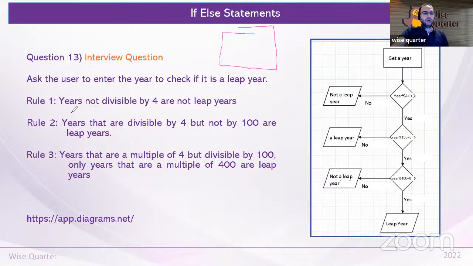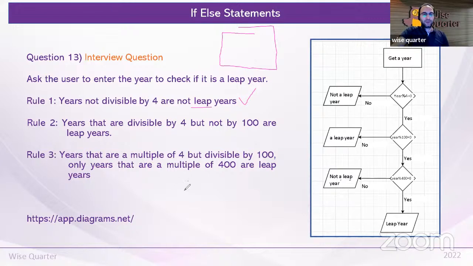So if the year cannot be divided by 4, it means it's not a leap year. Once every 4 years, we will have that year, and if it cannot be divided by 4, it is sure that it's not a leap year. Years that are divisible by 4 but not 100 are leap years.